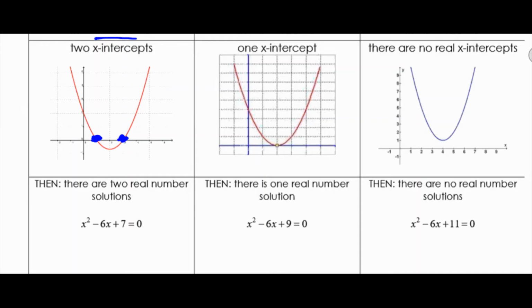They might be rational or irrational, but if it's a positive number, I know I'm going to have 2 real solutions. And that's what I'm going to show on this example. I have negative, what is that number?